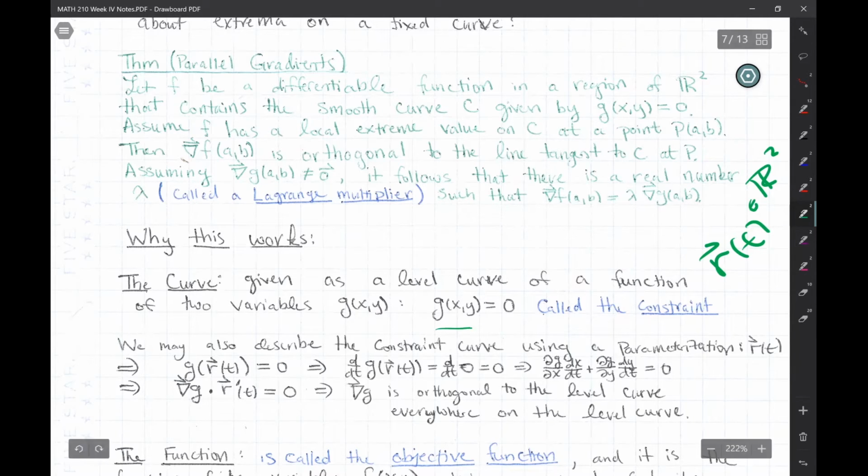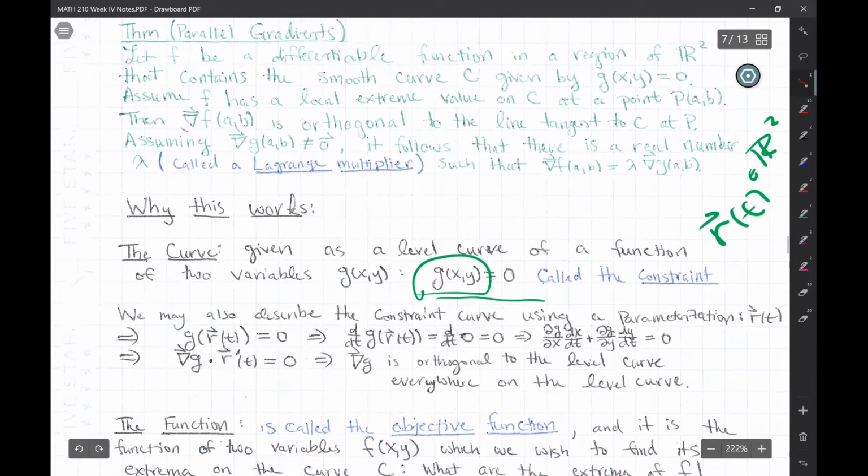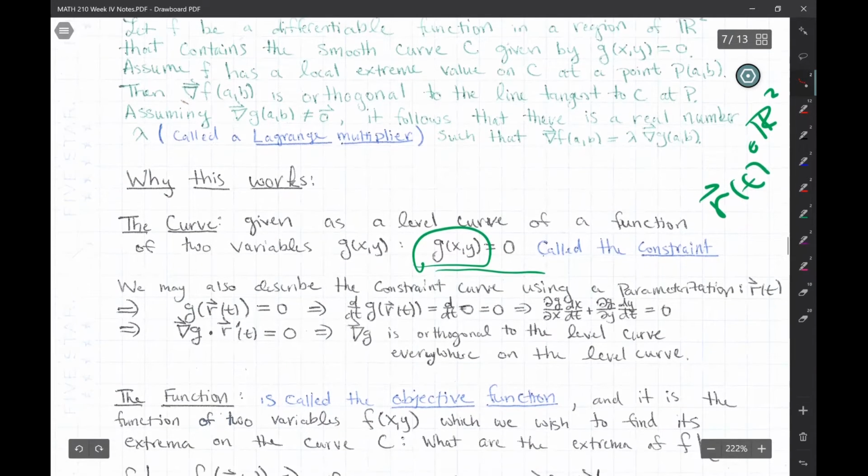Another way is to give it as a level curve, and that's what we're choosing to do here, okay? So we take a function of two variables, and we set it equal to 0, and that will then give us the curve, and we call this the constraint, okay? And you'll have to recall that when you take a function of two variables and set it equal to a constant, you do, in general, obtain a curve.